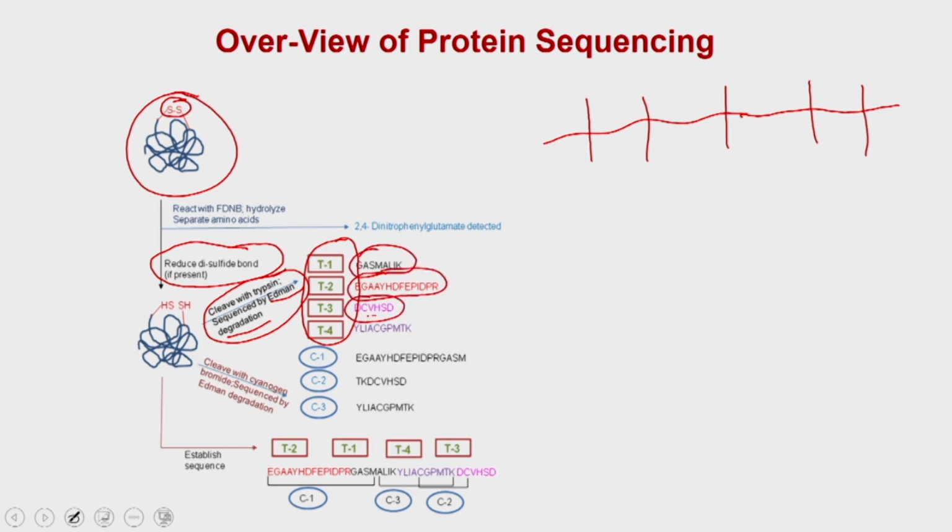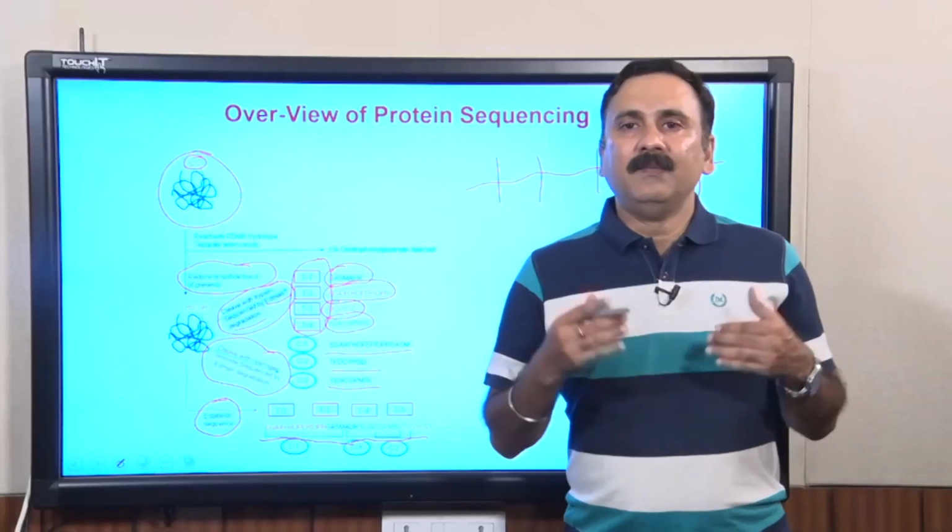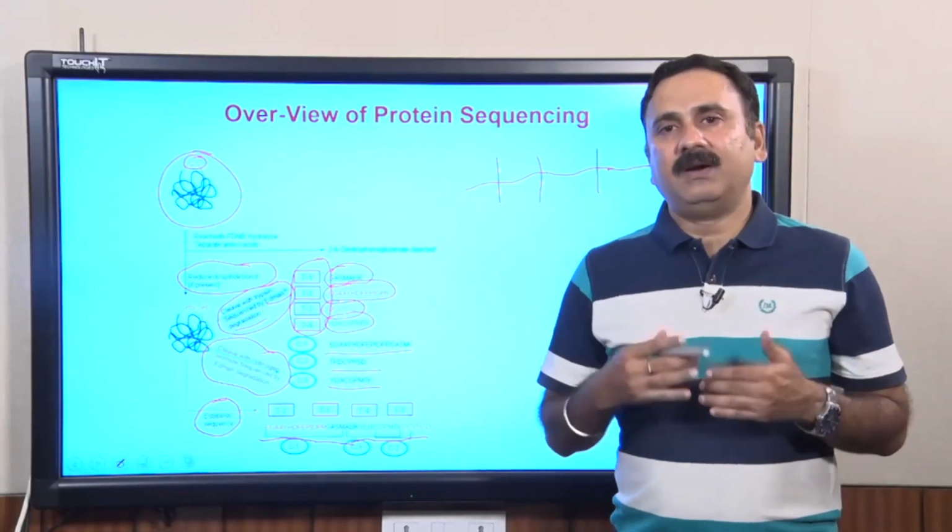On the other hand, if you use chemical molecules such as cyanogen bromide, that is also going to give you different types of fragments, and all these fragments you are going to put together with the help of different types of software, and that is going to give you the original sequence.